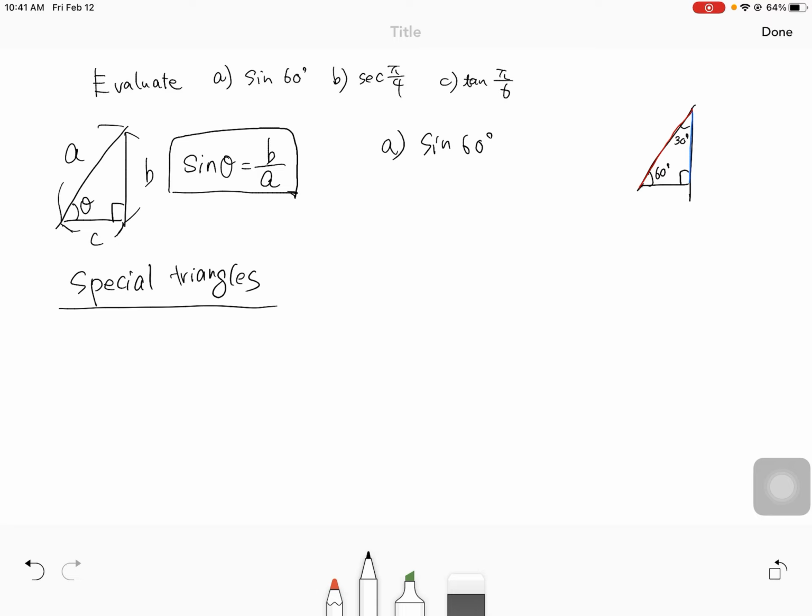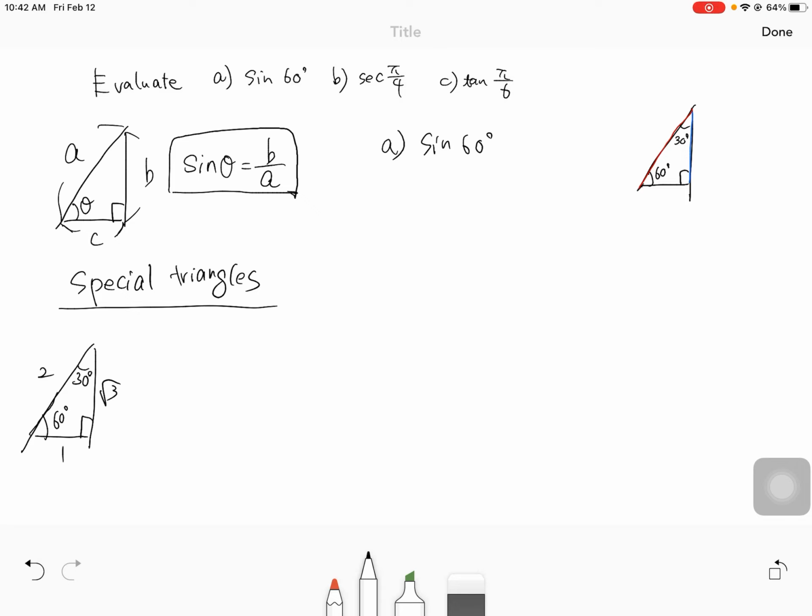Okay? So first one is the right triangle with 60 degrees and 30 degrees. And in this triangle, the ratio of length of sides is always 1 to square root of 3.